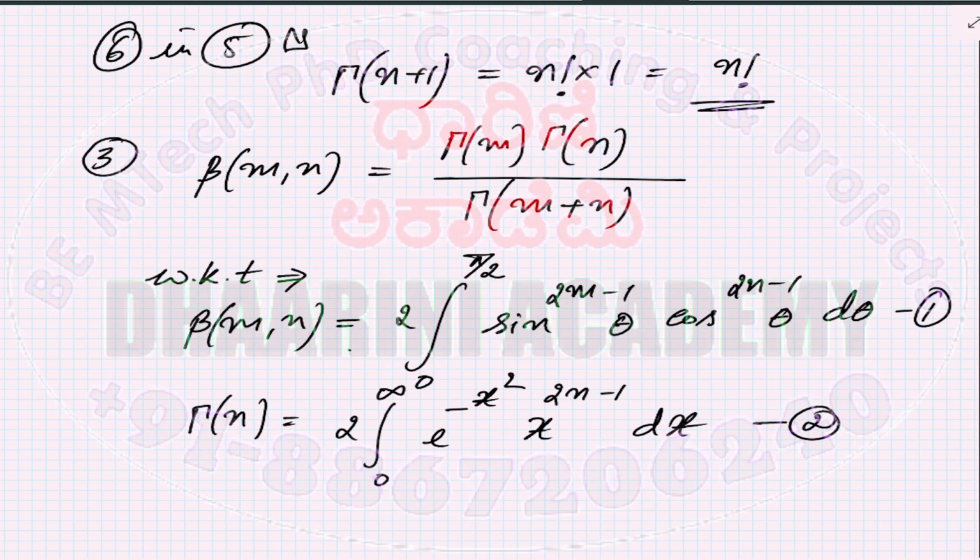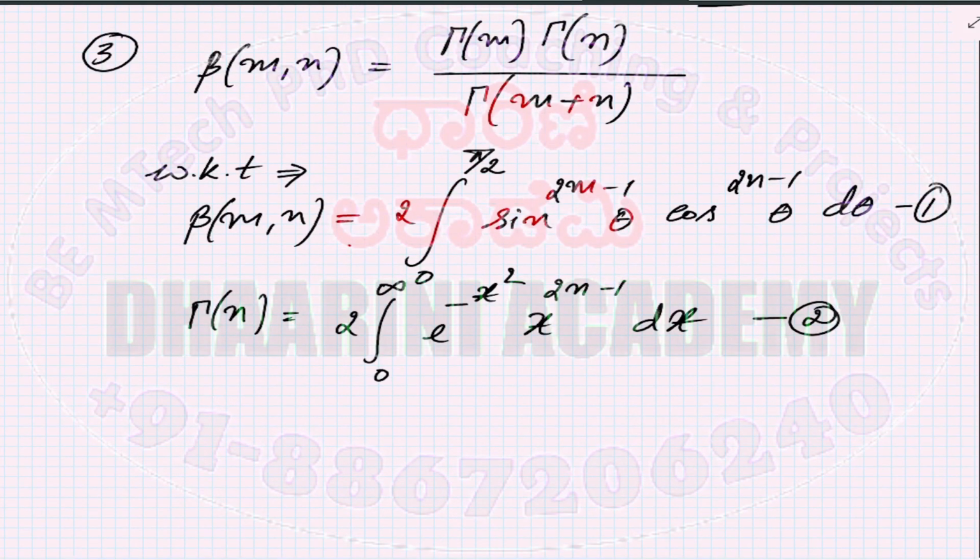If I want to write the gamma m, I should be using a different variable. I defined gamma m and I defined gamma n.